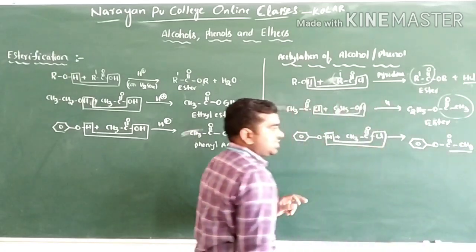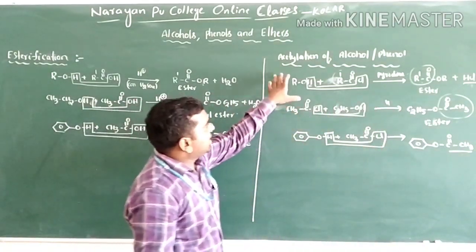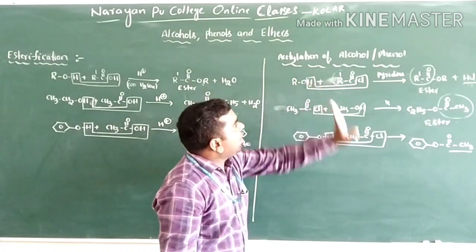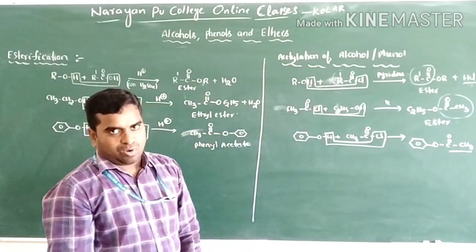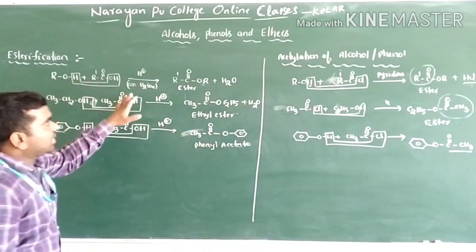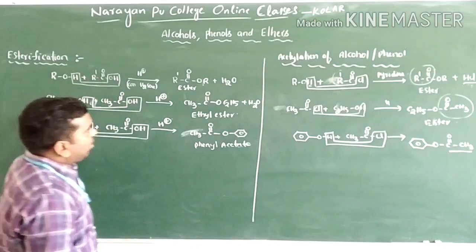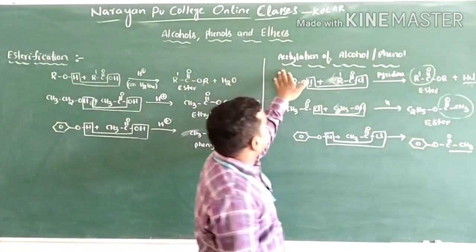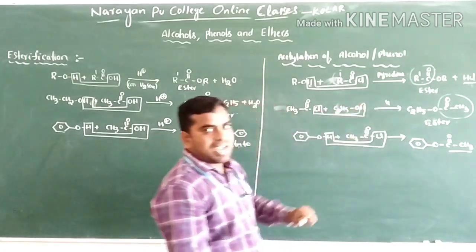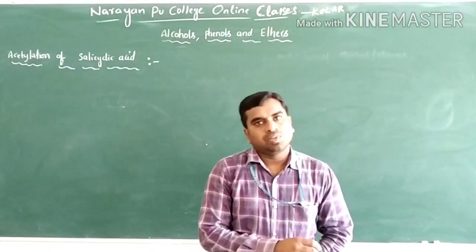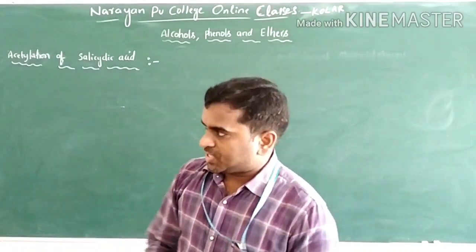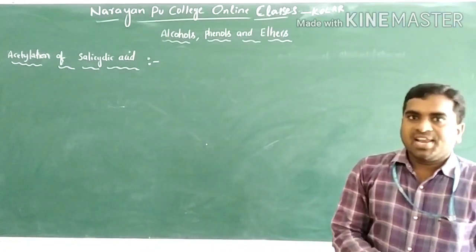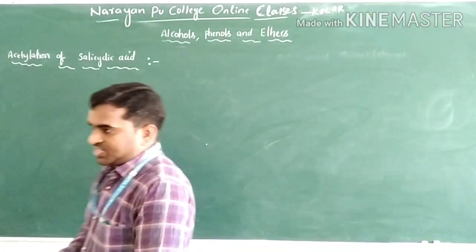Instead of H, there is the acyl group, so that's why it is acylation of alcohols and phenols. So this is the esterification of phenols and alcohols, and also acetylation of alcohols and phenols. Next, in the NCERT textbook they have given acetylation of salicylic acid.